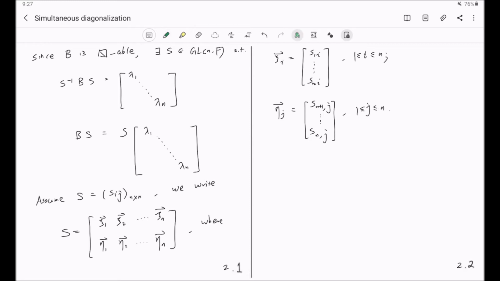It might look a little complicated to keep track of those notations. However, those c sub i's and eta sub j's are just the most natural blocks to form this 2 by n block matrix S. You can just think of this in the most natural way. That is precisely what we are doing here.